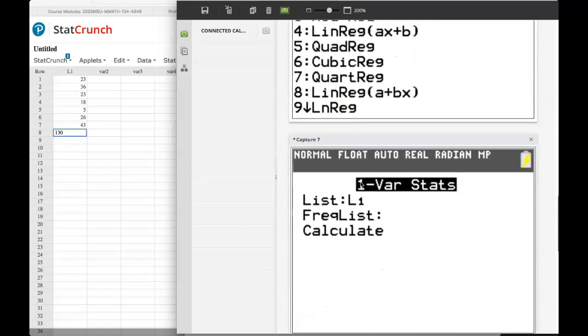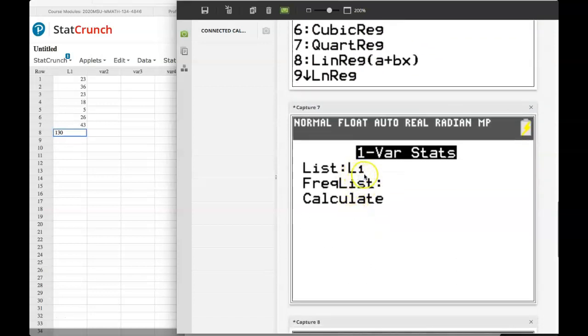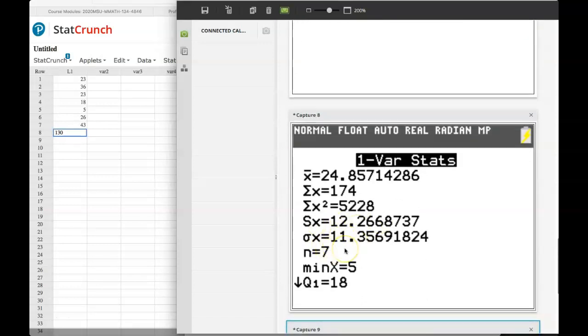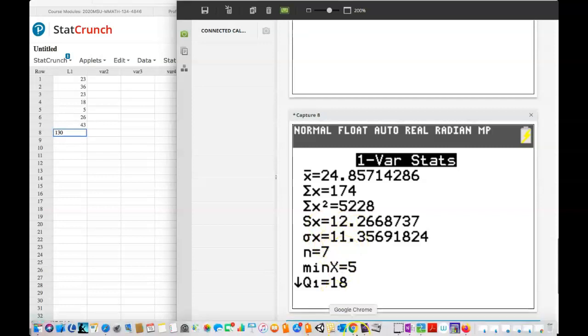Press that one, enter. You're going to have L1, again enter. Then after that you'll be able to see your results.